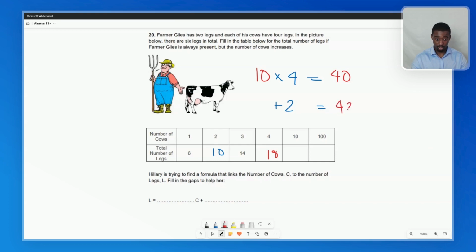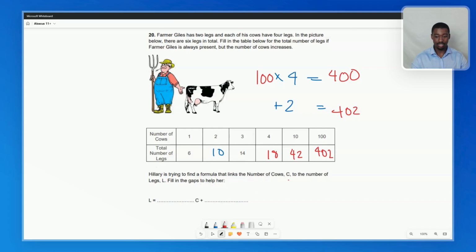Add the 2, which is 42. What about 100 cows? And notice which numbers we have to erase and which numbers we can leave in place. For number of cows, it's going to be 100 cows times the 4, 400. Add the 2, 402.